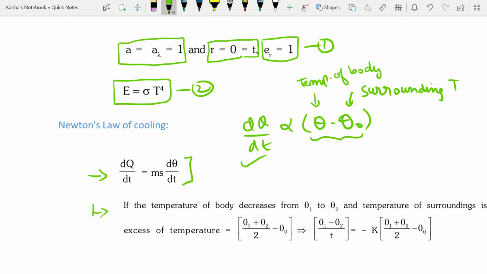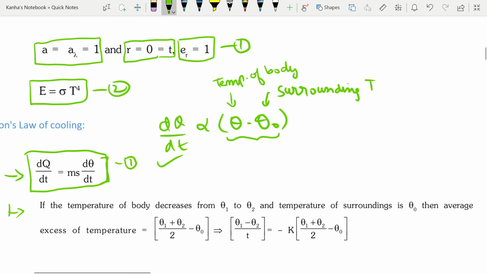Another thing you should remember from here is, first of all, you should take a note of this equation. The next thing to note is that if the temperature of the body decreases from theta 1 to theta 2, and the temperature of the surroundings is theta naught, then the average excess of temperature is theta 1 plus theta 2 by 2 minus theta naught.